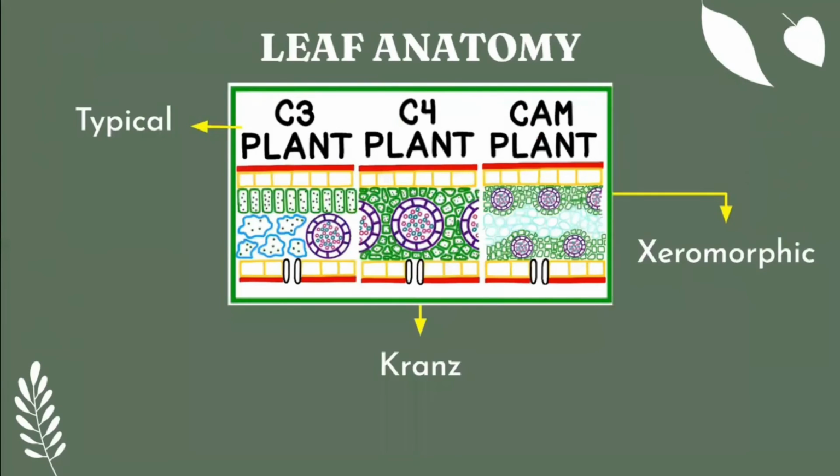The 3 plants also have different leaf anatomy. C3 plants have a typical leaf anatomy, which puts these plants at a disadvantage in dry and hot environments. C4 requires a Kranz anatomy that is significant to avoid photorespiration, while CAM plants are xeromorphic in order to avoid water loss in very high temperature.